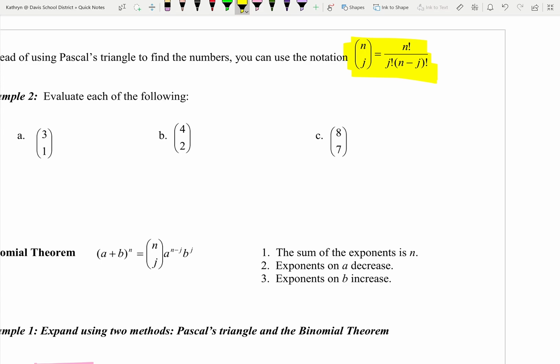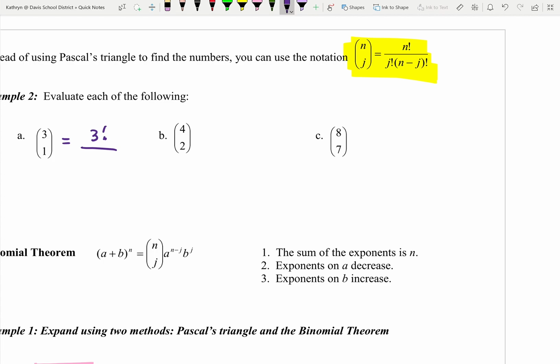So what I'm showing you right now is leading you up to the method that you're going to have to use, okay? This right here, you have a 3 and then a 1. So you just apply it to this formula. If the top number's an n, in this example my top number's a 3, so it's just 3 factorial.